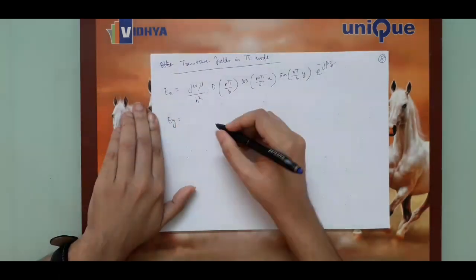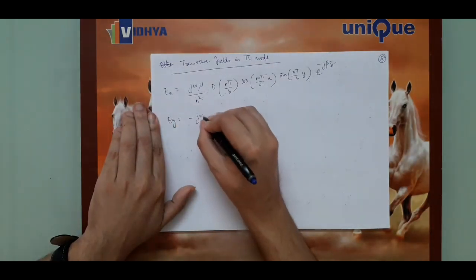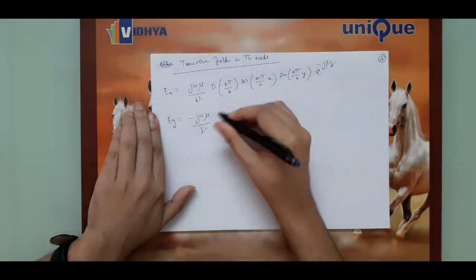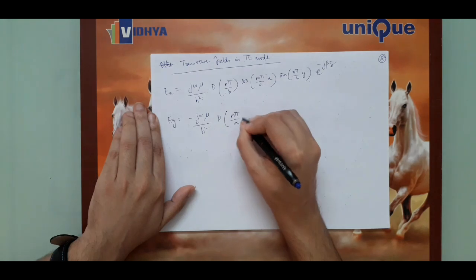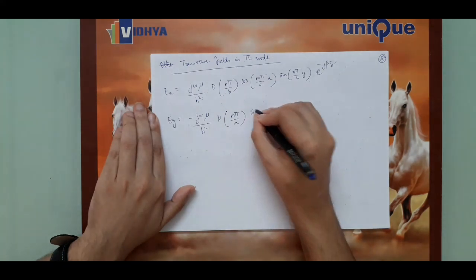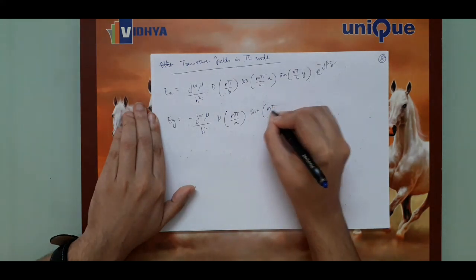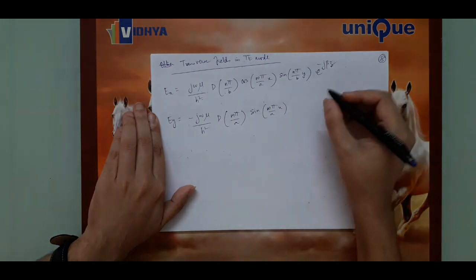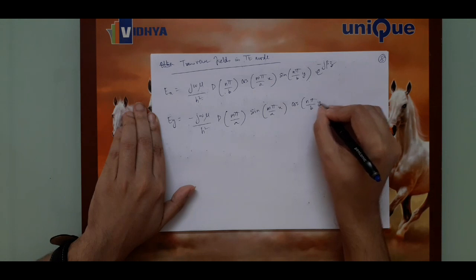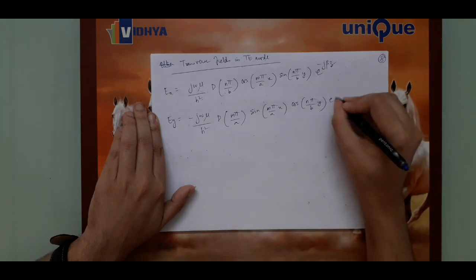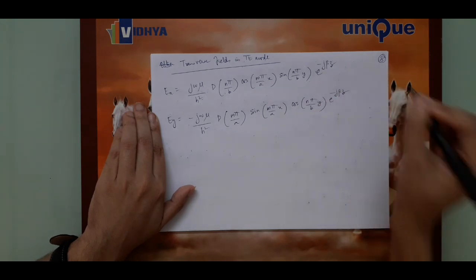Ey will be minus j omega mu by h square D m pi by a sin m pi by a x cos n pi by b y e raised to minus j beta z.